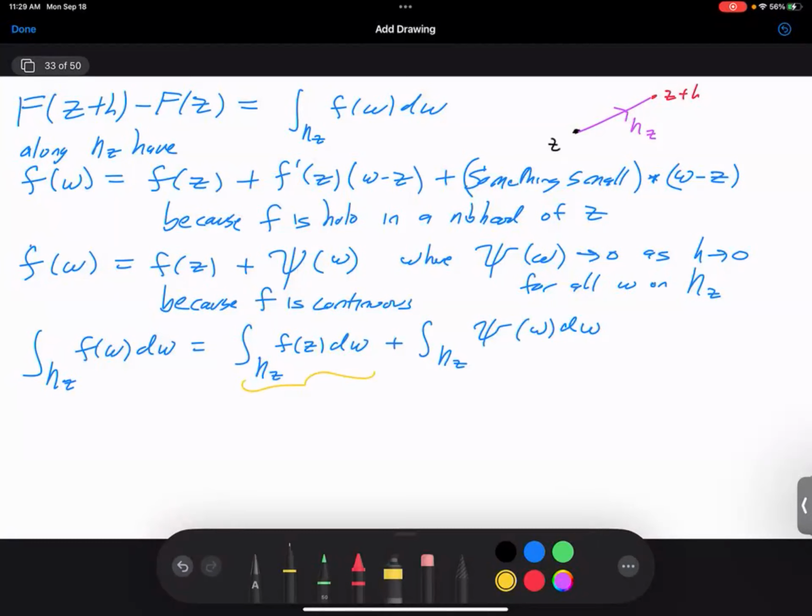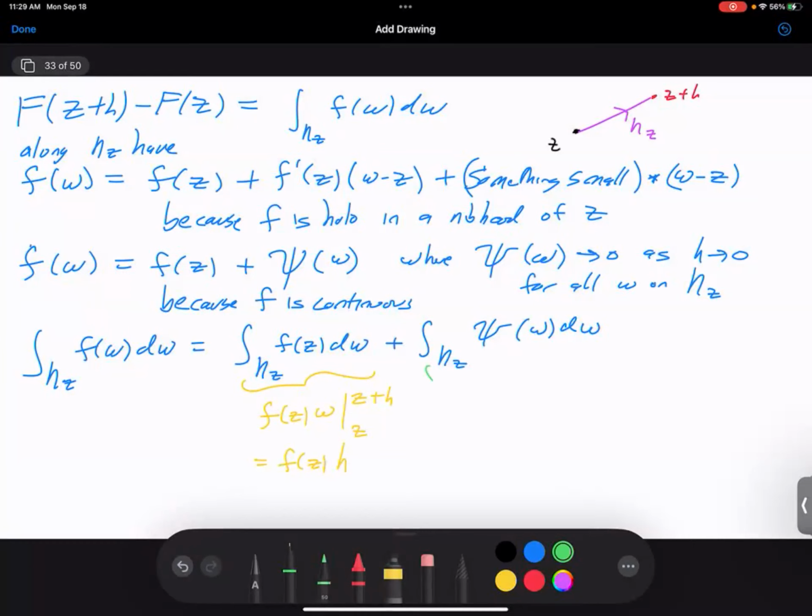What function, as a function of w, has derivative f of z? f of z times w. So this piece is just going to be f of z times w evaluated at z plus h and z. So this piece is just going to be f of z times h.